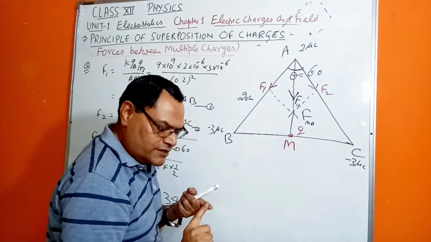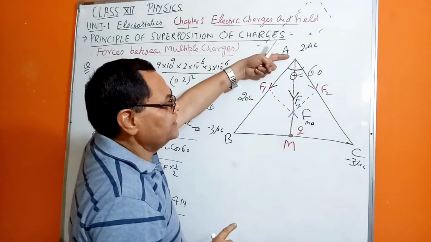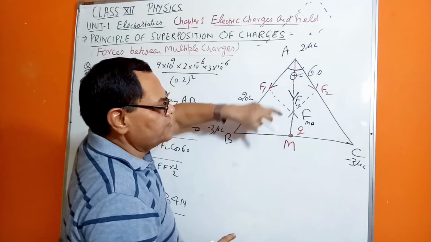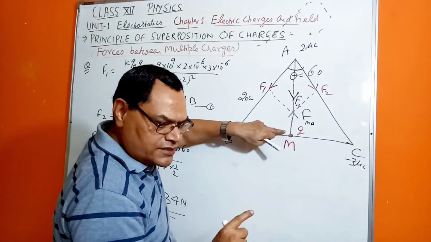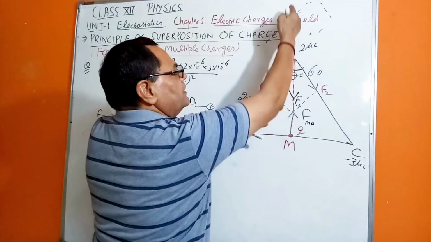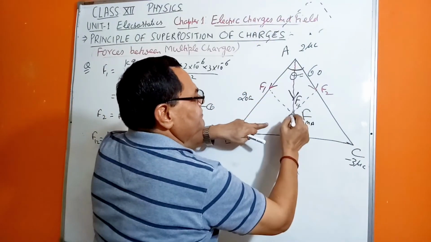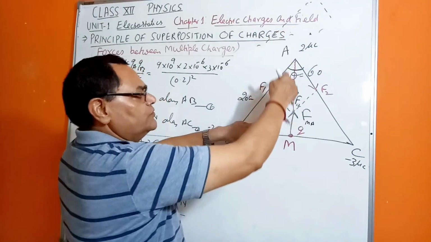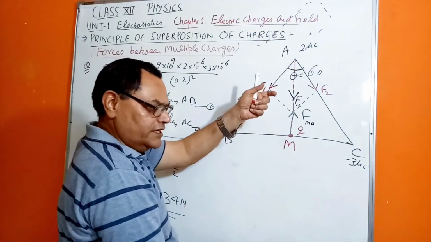So one answer we are getting here to nullify this force. Because this charge is positive, the charge here should be positive so that it will be repelling A. So the force due to this will be pointing upward, and that is downward, so they will nullify each other.